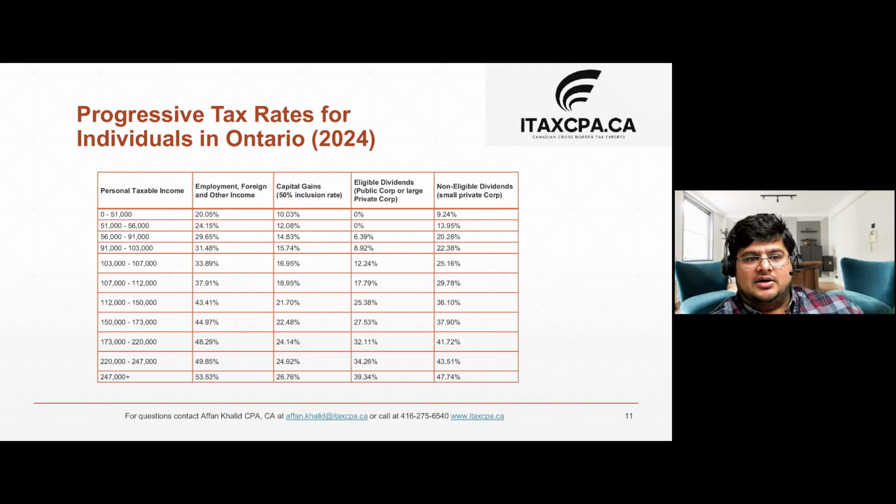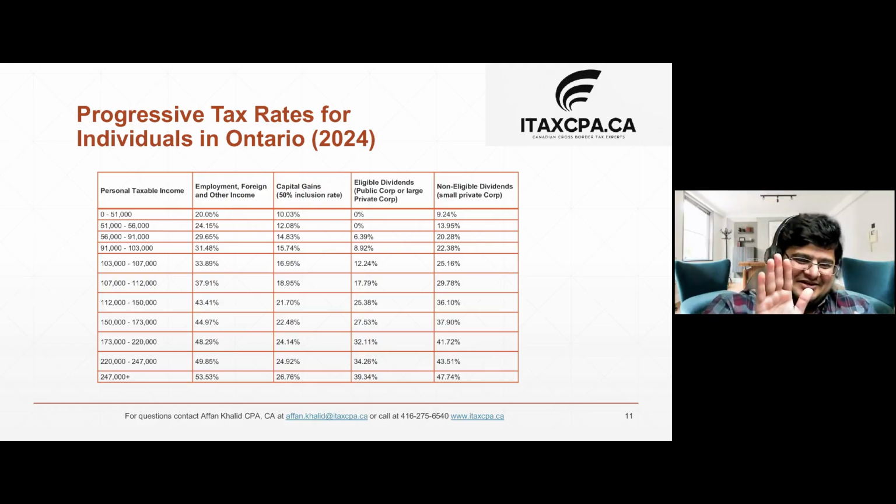Whereas if you are earning dividends from small private corporations, because these companies are only paying 11, 12% corporate tax rate, these dividends are taxed at a higher rate, meaning you don't get the higher dividend tax credit. Now, as far as I know from discussions with my colleagues in the US, these brackets are too small, and the tax rate increases at a much faster rate compared to the US.